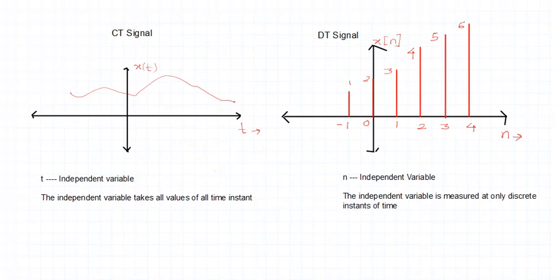We even saw that signals can be categorized into one-dimensional signal, two-dimensional signal, depending upon whether the signal is a function of one independent variable or two independent variables or three independent variables and so on. So if the signal is a function of more than one independent variable, it is called a multi-dimensional signal, right? Even we saw how to denote the signal, right?